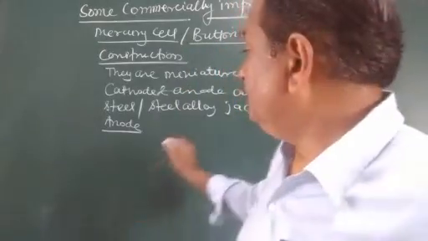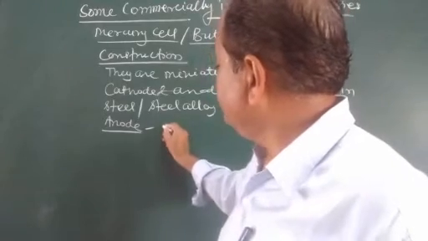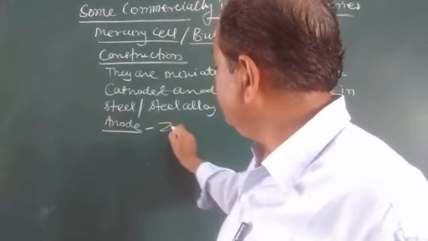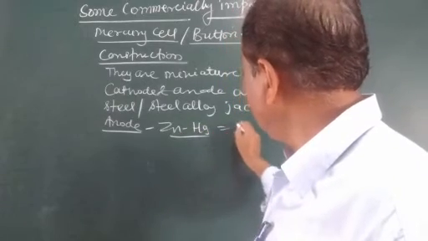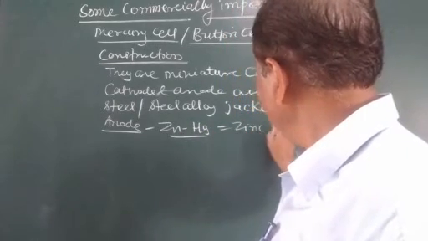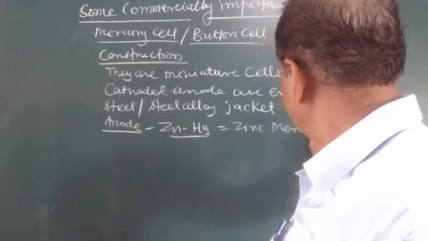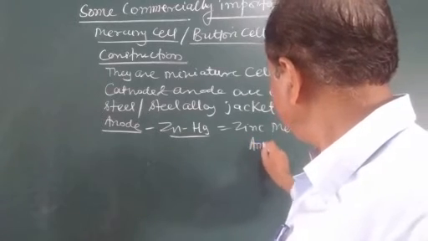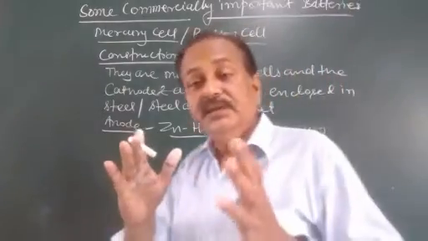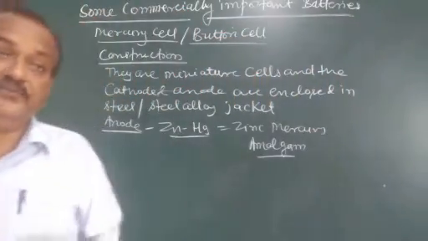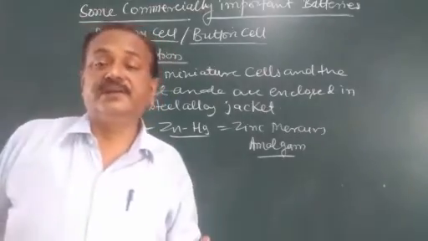Now the anode, actually children, is zinc mercury amalgam. Amalgam means any metal dissolved in mercury.